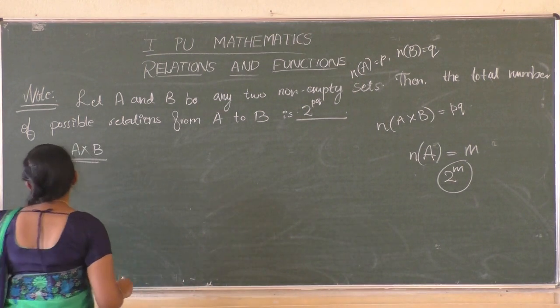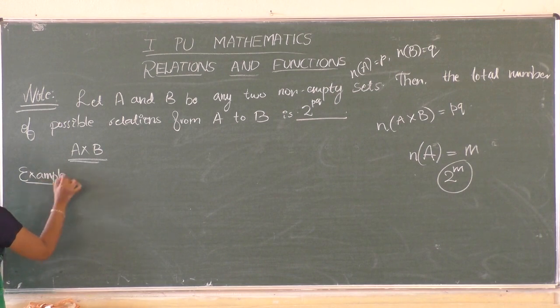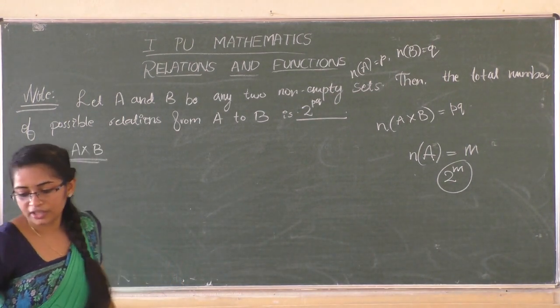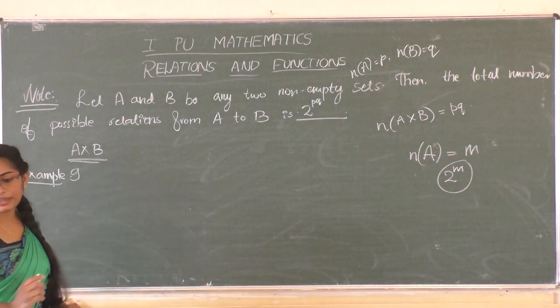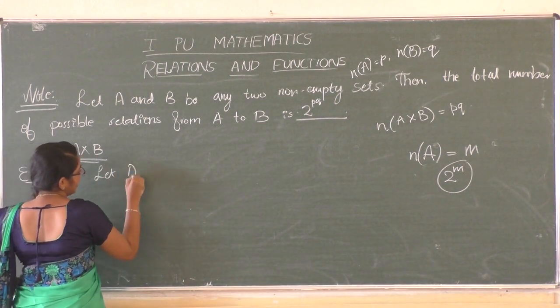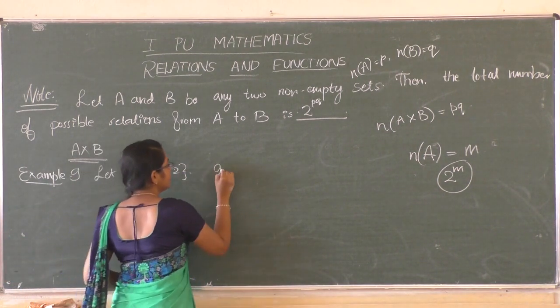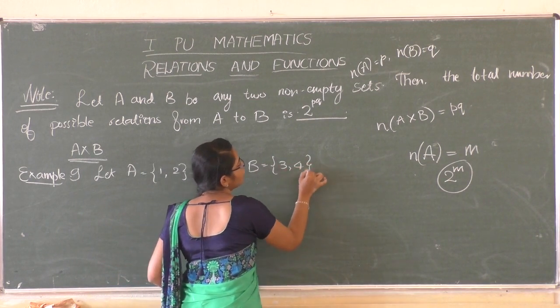Now, coming to the last example, we have one more example here. This is example 9. Given that the set A is 1, 2, and the set B is 3, 4.